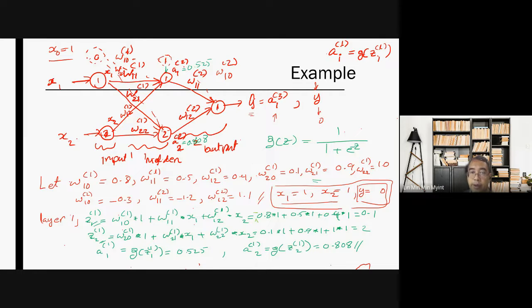So in this case, A1 and A2 will appear as the input to layer 2, so that's why I write a 2 in here. This should be written as a 2. Actually, this is the output of layer 1 but the input for layer 2.